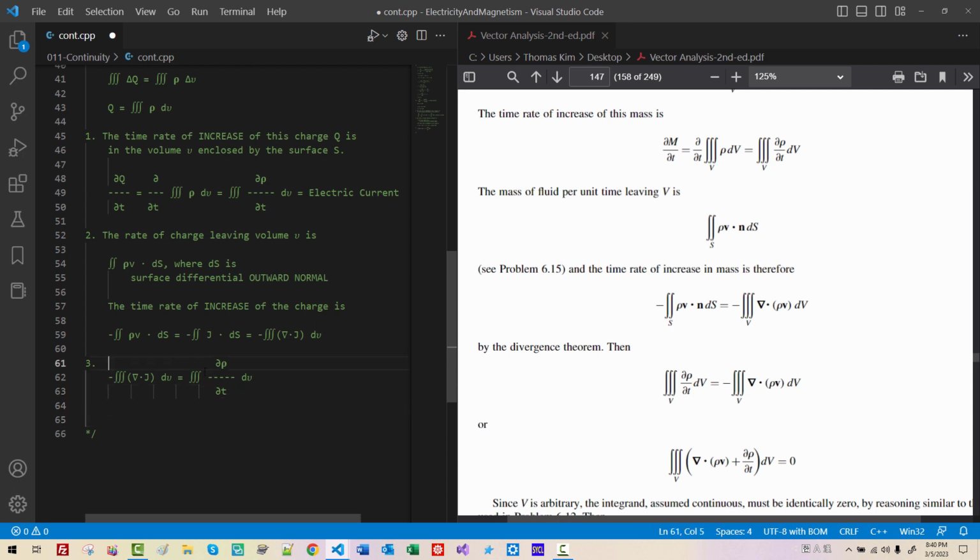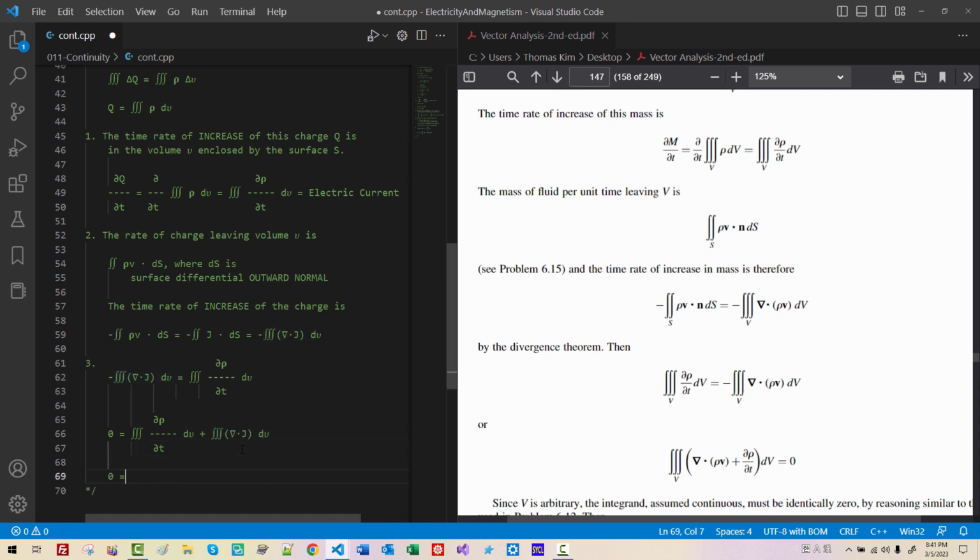Now I will copy this and paste it here. We will move the left hand side to the right. It now becomes plus. Then I can arrange like this. So it should be 0 because we moved the left hand side to the right hand side.